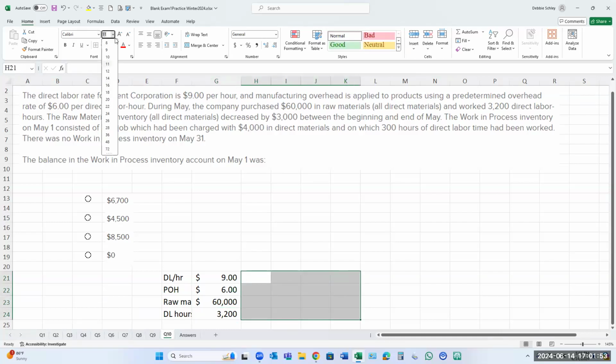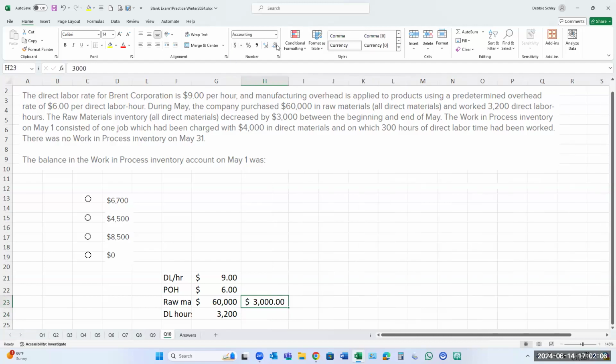Okay. So, between the beginning and end of May, the work in process inventory on May 1st consisted of one job, which had been charged with $4,000 in direct materials, which are the metal raw materials.